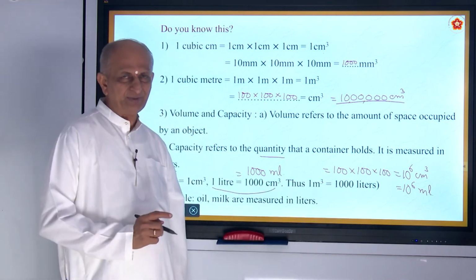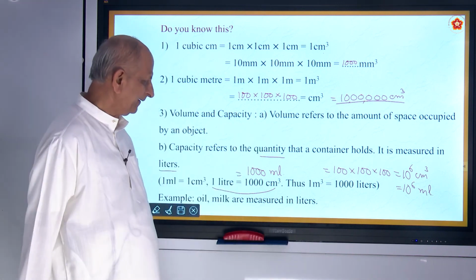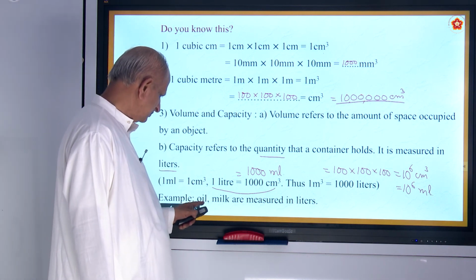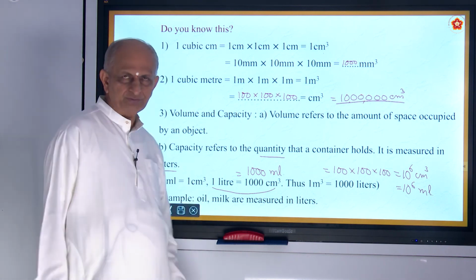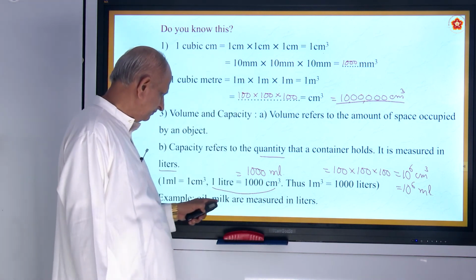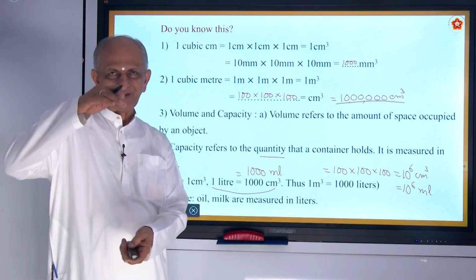Especially milk dairies, you might have seen big tankers. They write in that tank, capacity so much liters. For example, oil also. When you say 1 cylinder oil, means so many liters they write. Milk, oil, water. You might have seen water bottles.